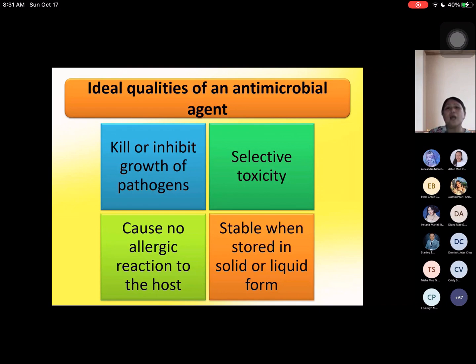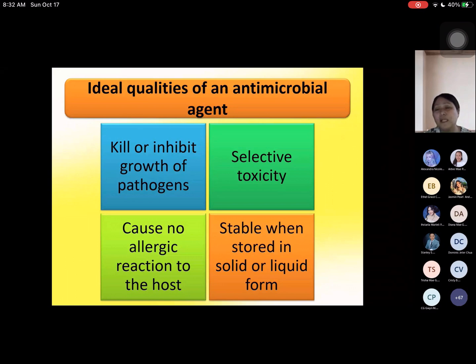Next, they have selective toxicity. When you say selective toxicity, they should not be toxic, or they should be less irritating to human tissues or human cells.